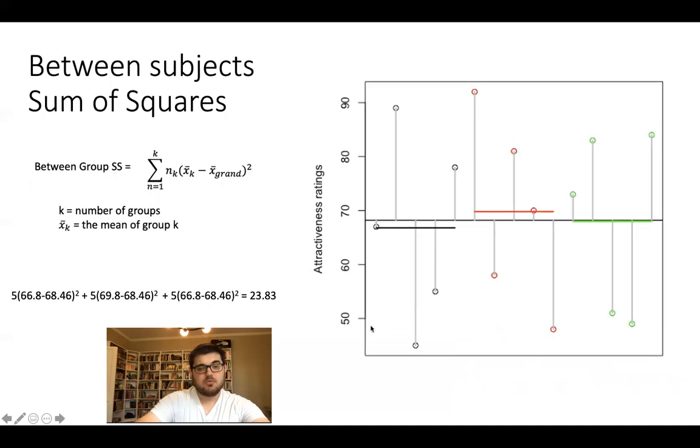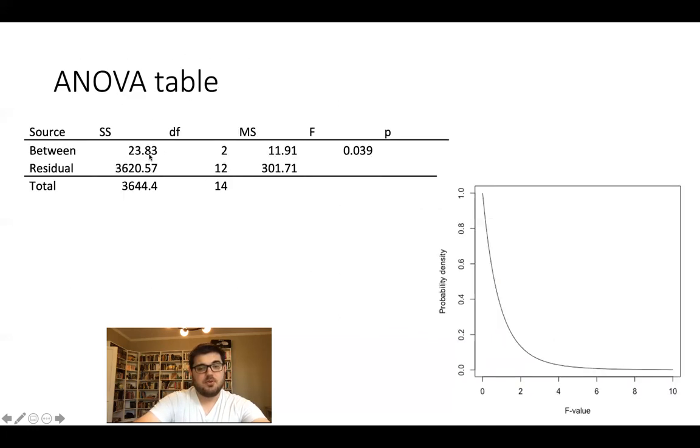And the group level only accounts for 23.83 of that 3644. A very small amount is accounted for by knowing what group they came into. The leftover amount is just the total amount minus the between. 3620.57 is just the difference between the total and the group sum of squares.